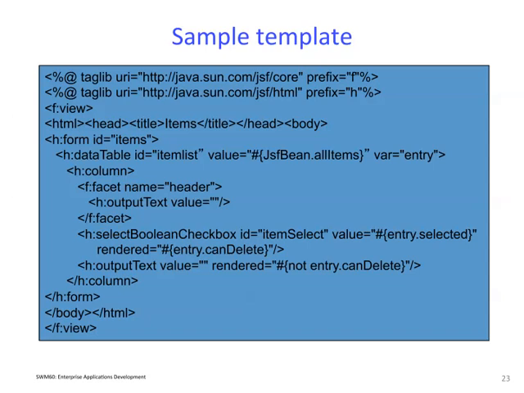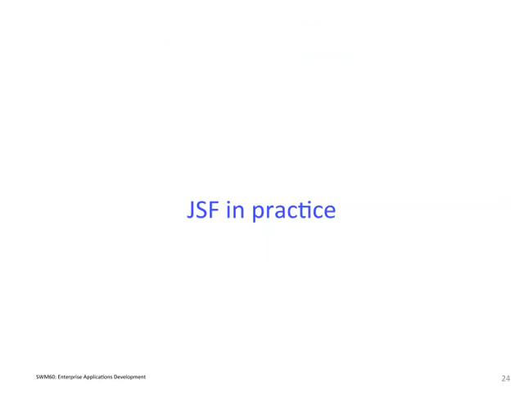So this template shows the objects that can go into the JSF page, and when we complete the form, we simply close all the elements that are part of that form. So this is just a template on which we base our Java Server Faces.